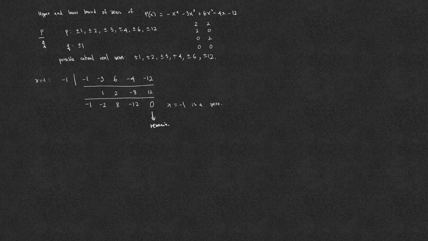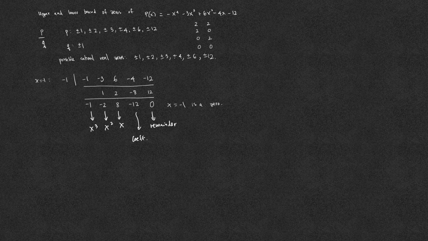This is the remainder. The remainder is 0. The quotient is read off from the last row of the synthetic division. The number on the left-hand side of the remainder is the constant term of the quotient, and then the number on the left-hand side of it is the coefficient of x, and then the left-hand side of it is the coefficient of x squared, and the left-hand side of it is the coefficient of x cubed.